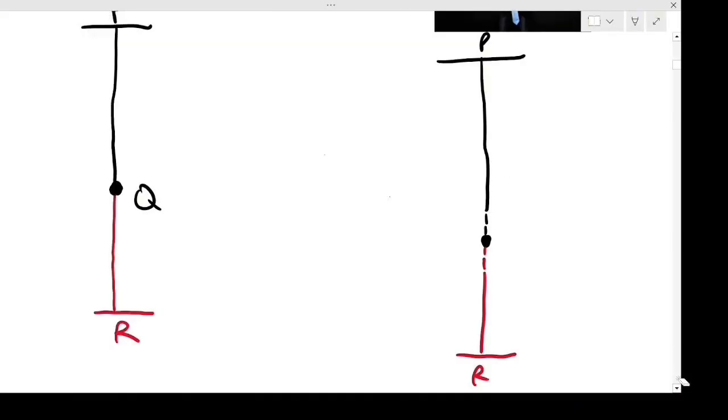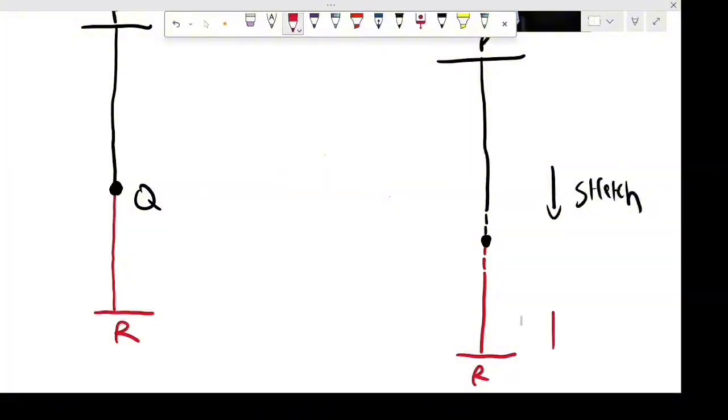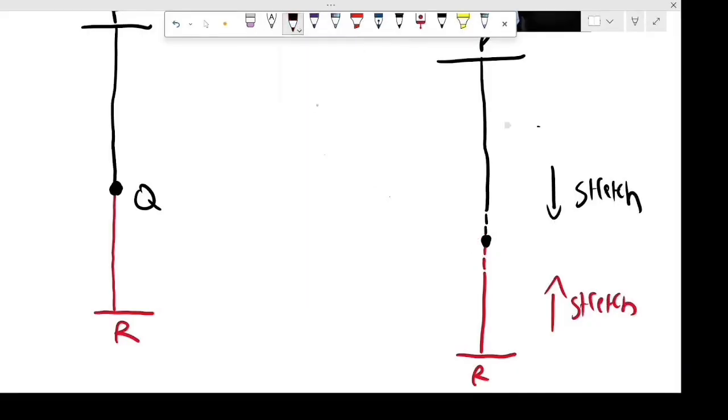And what that means is, for the black string, firstly, it's going to be stretching down to the particle. And then for the red string, it's going to be stretching up to meet the particle here. Hopefully you can see that. So in terms of forces, for the black string, if it is stretching down, to oppose that, the force in the string is going to act up.